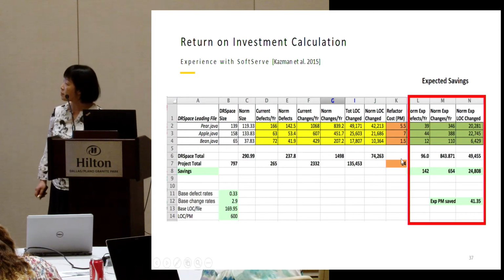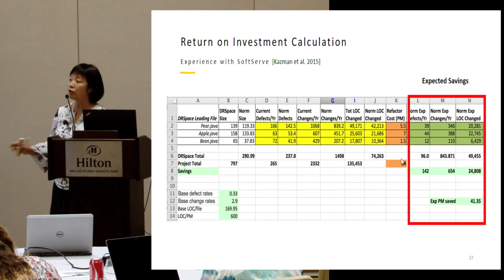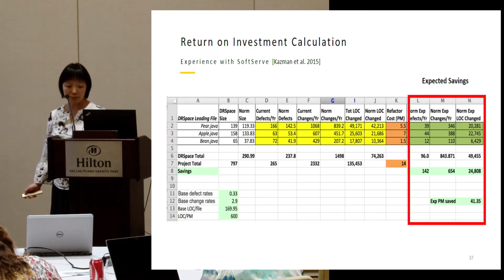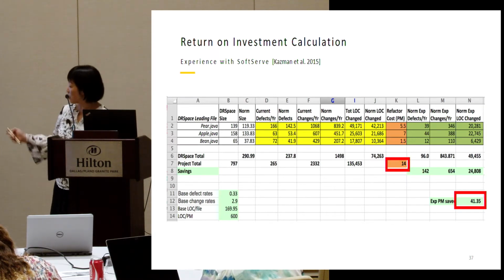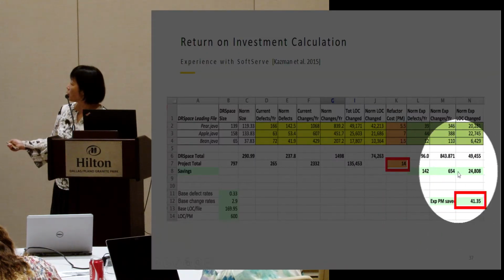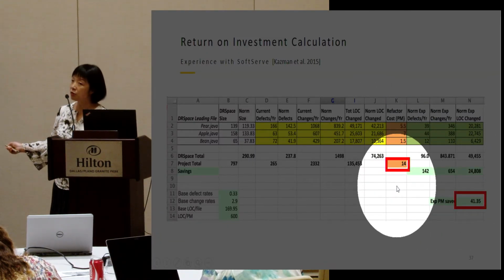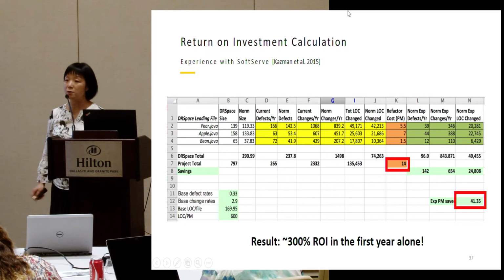Then we also estimated expected savings by comparing with the average cost of other files, and we realized the savings will be 41 man-months. Compared with the cost of 14 man-months, you can expect over 300% return on investment. So this is the business case the management would like to see.